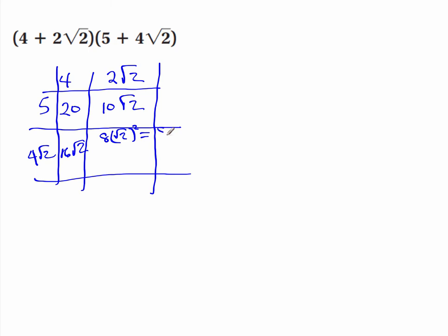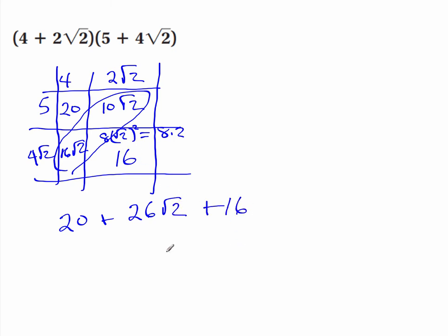So this is 8 times 2, or 16. Now, your cross terms are going to add. So I'm going to have 20 plus 16 root 2 plus 10 root 2 is 26 root 2, plus 16. Collect like terms, 36 plus 26 root 2.